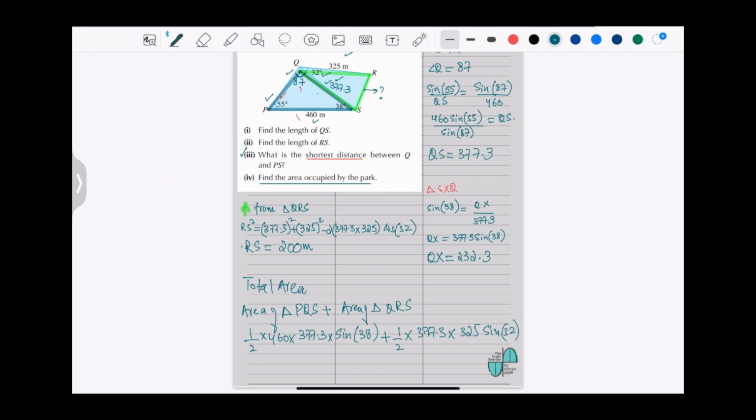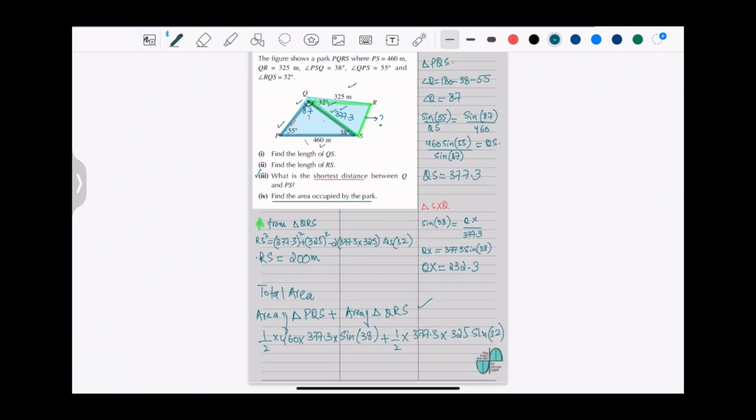You may refer to previous lectures related to the sine rule and area of any ordinary triangle. I already have discussed that in detail. So this is it. When you apply them in your calculator, you get the desired answer.